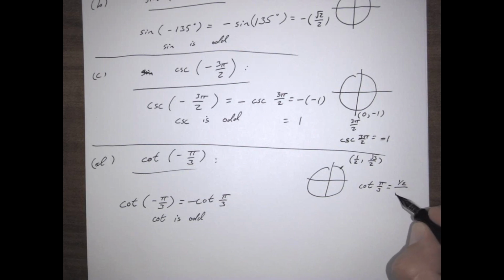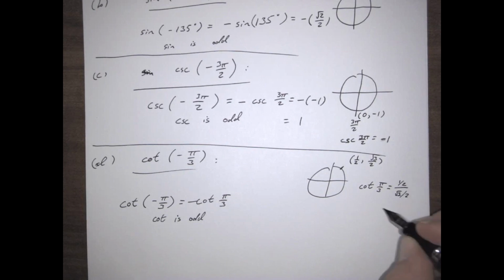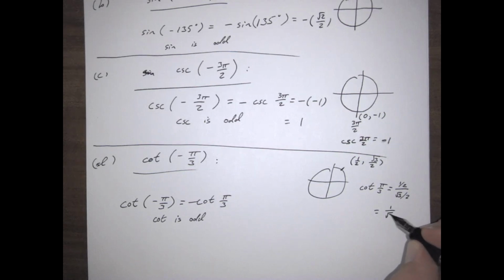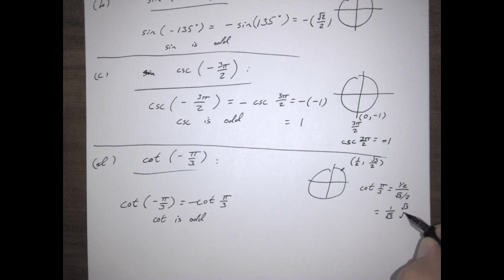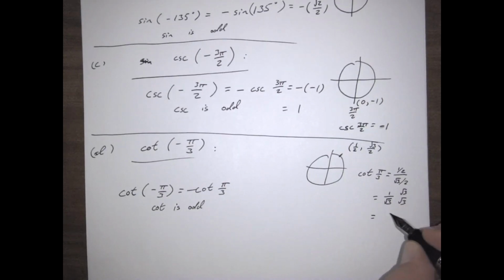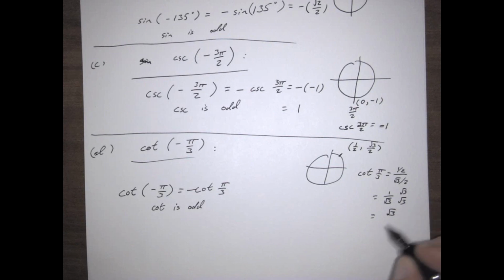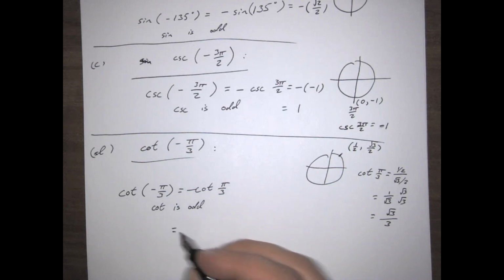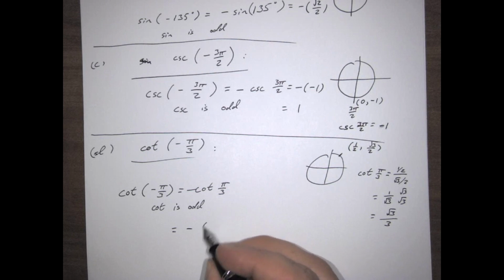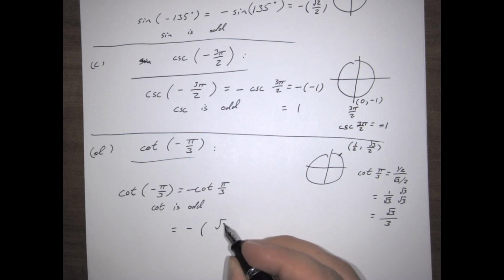So that's 1/2 over root 3 over 2, which is equal to 1 over root 3, which times root 3 is equal to just root 3 on top, and that's going to be root 9, or just 3 on the bottom. So cotangent pi over 3 is root 3 over 3. So this is going to be equal to negative root 3 over 3.